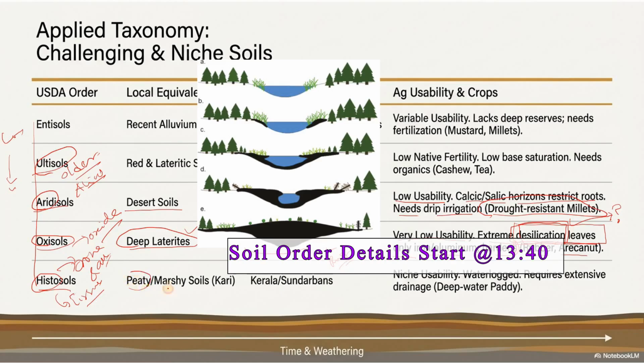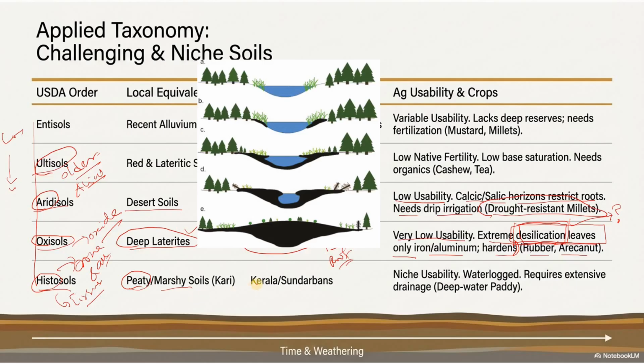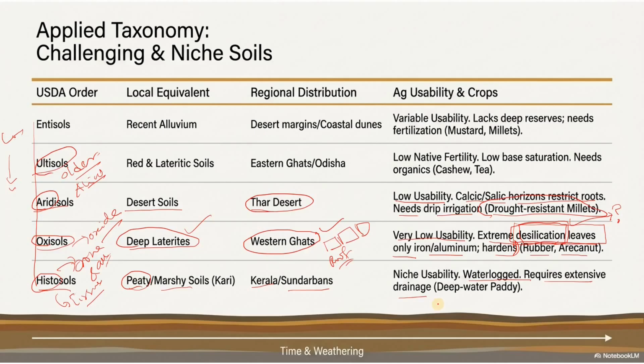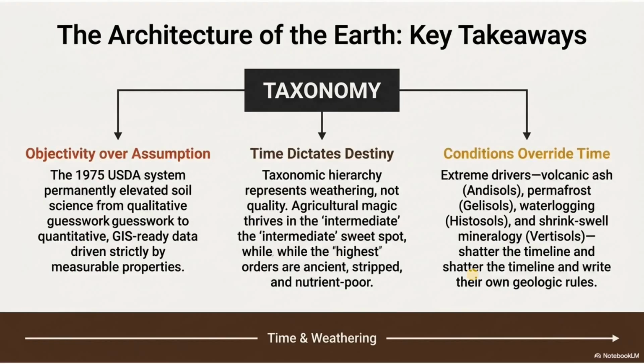This soil is called peaty soil in India, and marshy soils also come under this kind of soil. This is mostly found in Kerala and the Sundarbans. It has niche usability, and these are waterlogged soils that require extensive drainage facilities for proper agricultural functionalities. Deep water paddy can be grown here.